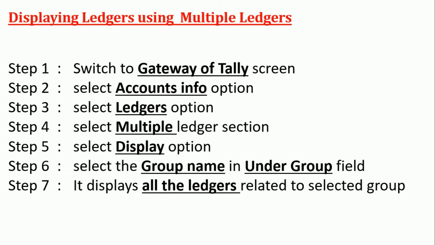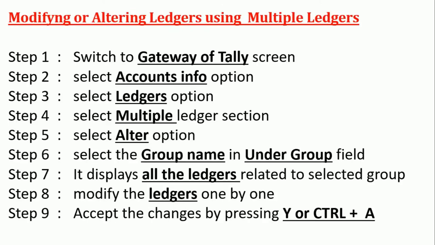Then in step 6, it will ask for the group name, of which group you want to display the related ledgers. Then in step 7, it displays all the ledgers related to the selected group.